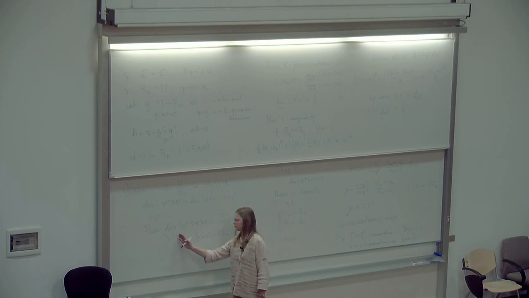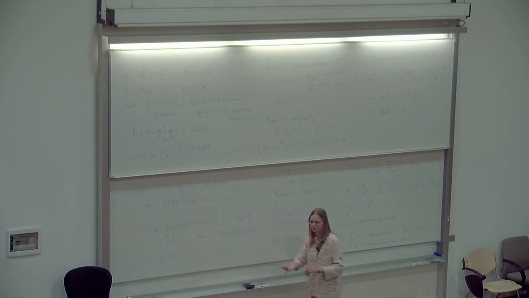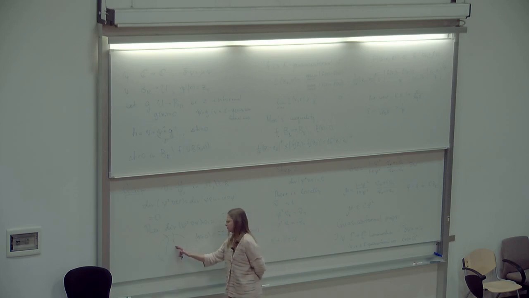Because balls were far from the 0 lines of our function, v is just function divided by phi. It's very similar to our function. So there is an area here where my function doesn't change sign.